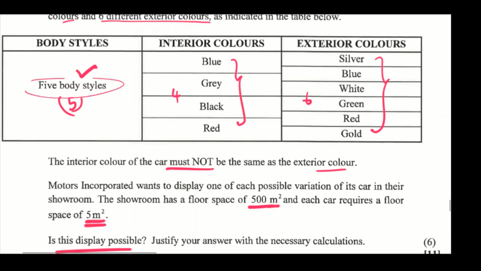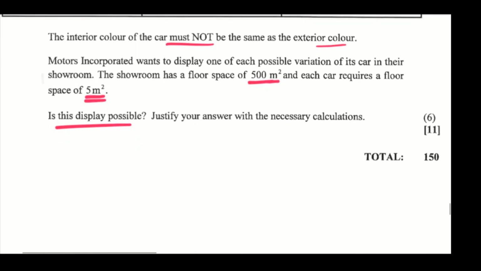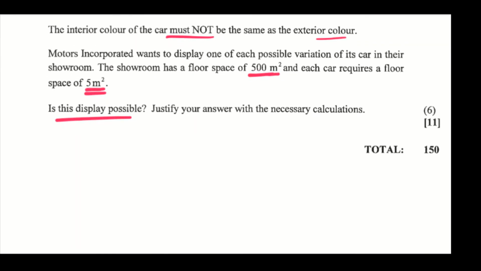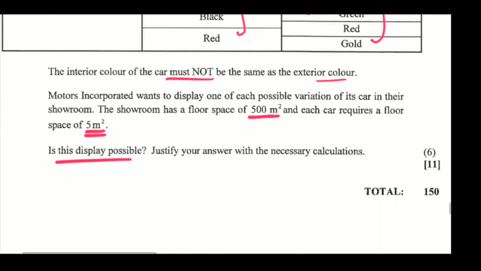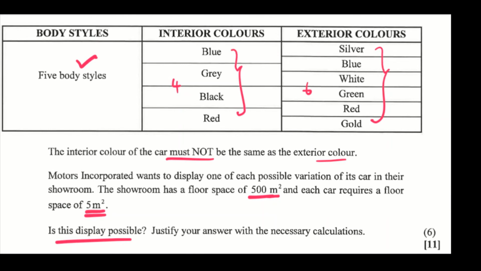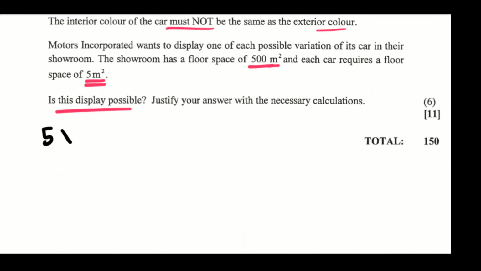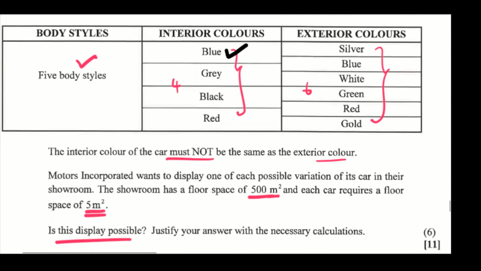So what's going to happen is this: we have 5 body styles. If we begin by saying we have 5 body styles and we choose one color here, let's say we choose blue, then we can't choose blue here at the exterior color, so we can choose silver.